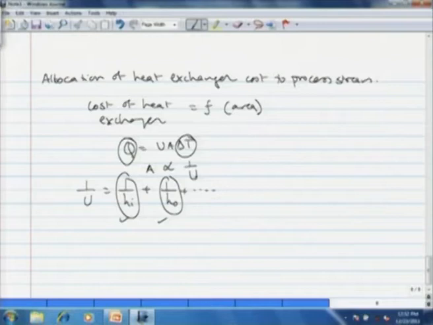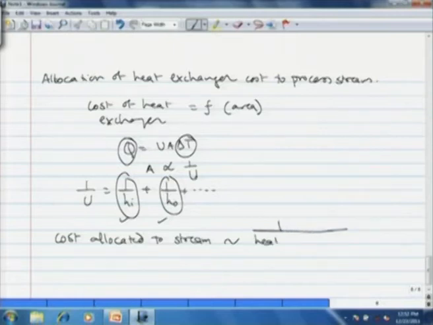Using this principle, we now try to allocate the heat exchanger cost to the process streams. So, the cost allocated to the stream is inversely proportional to the heat transfer coefficient of that stream.